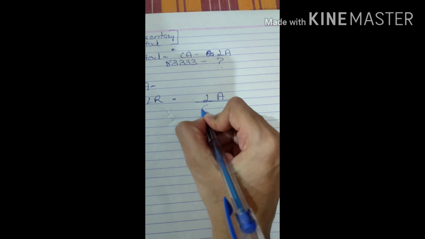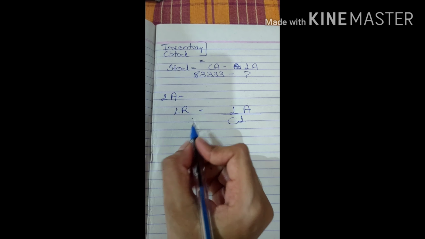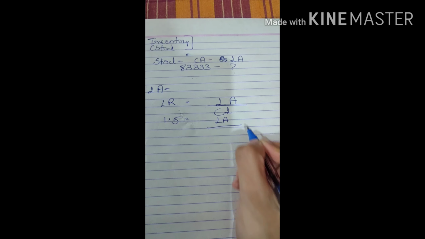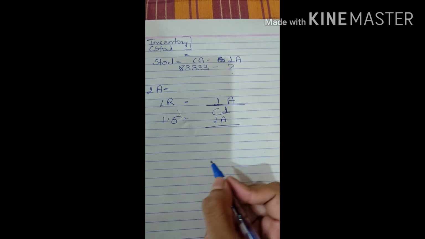We know in the question they have given the liquid ratio as 1.5. We don't know our liquid asset, but we know our current liability is 33,333.